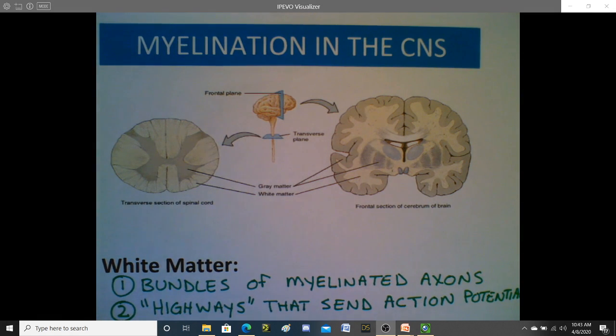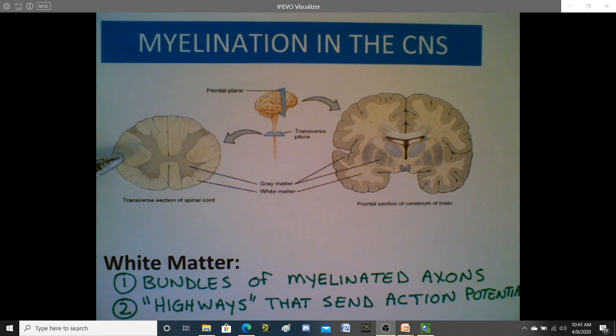So our brain and spinal cord are doing this processing together. A lot of people think of your spinal cord as just a highway to move information. Well, yeah, the white matter is going to be the highway, but we also have integration and processing centers with the gray matter. Same thing with our brain. The highways are going to be the white matter. The gray matter is going to be the processing centers.